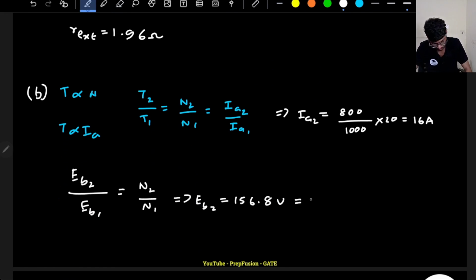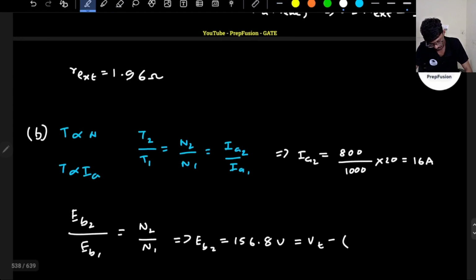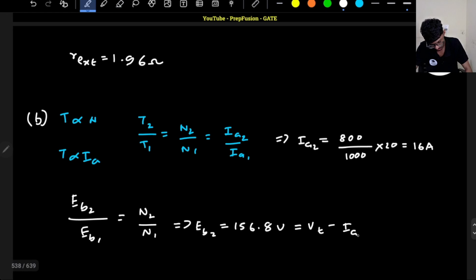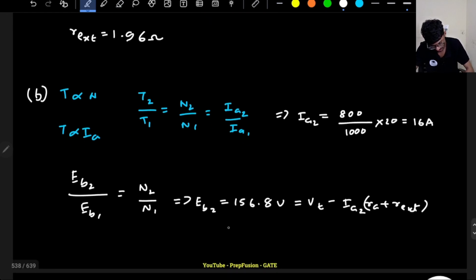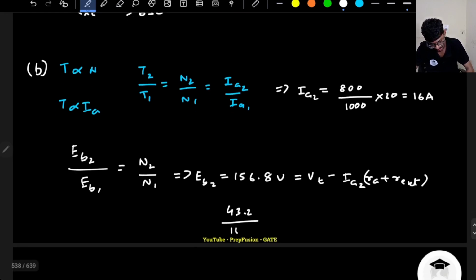This is equal to Vt minus Ia into Ra plus R external. So this is the same 43.2 divided by, instead of dividing by 20, it will be 16 amperes. This will be equal to 0.2 plus R external.